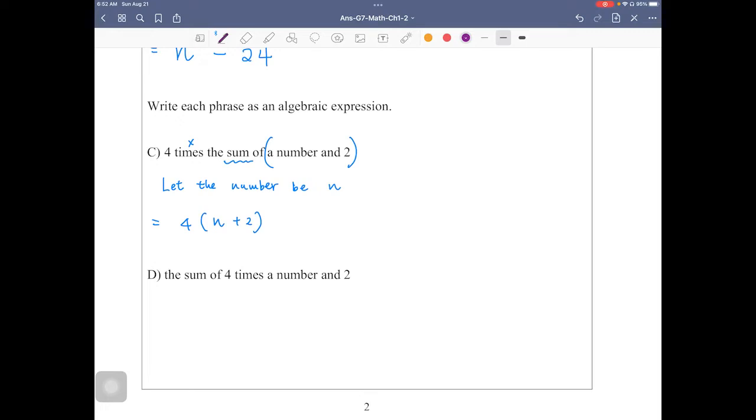Then the sum of 4 times a number and 2. Let the number be n. So the sum of 4 times a number and 2.